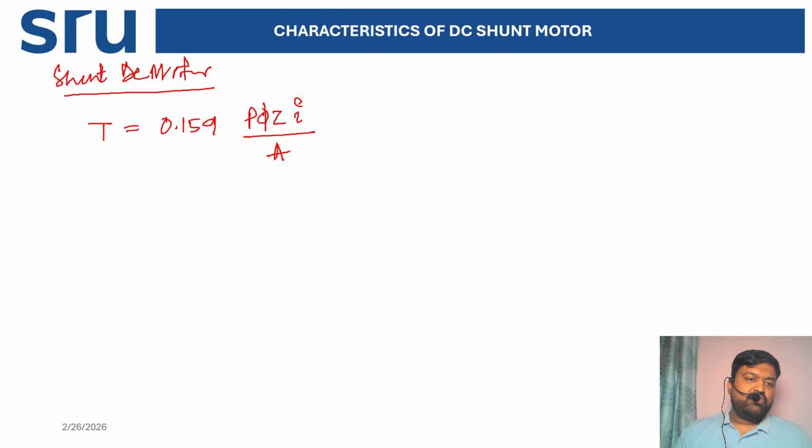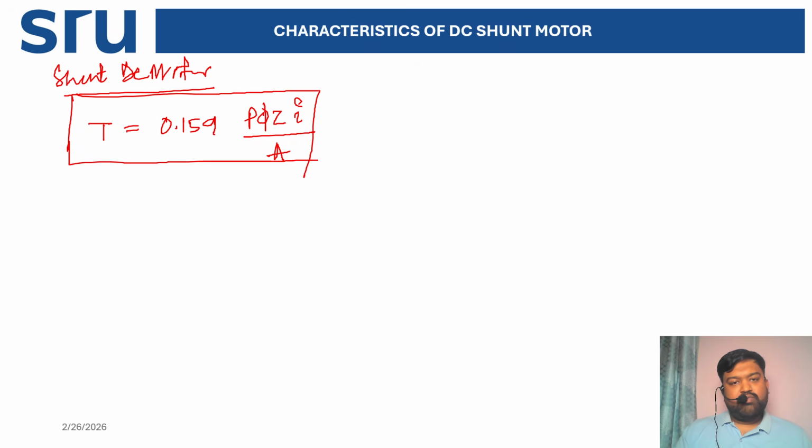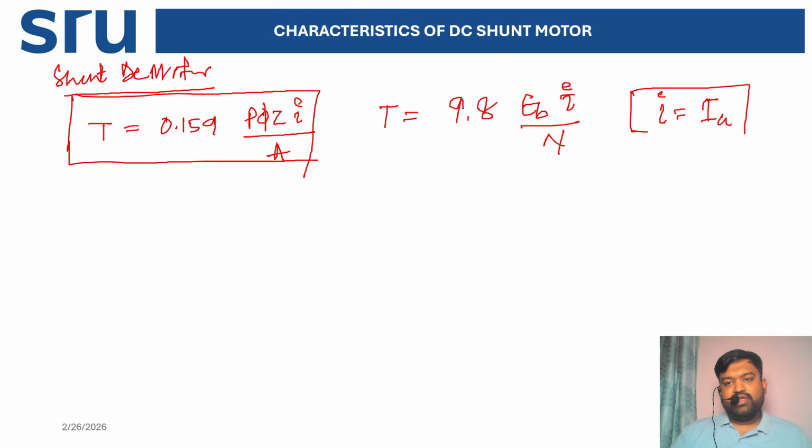Another formula we also derived that day for the torque is torque equal to 9.8 EB into I divided by N. Here I means the armature current.